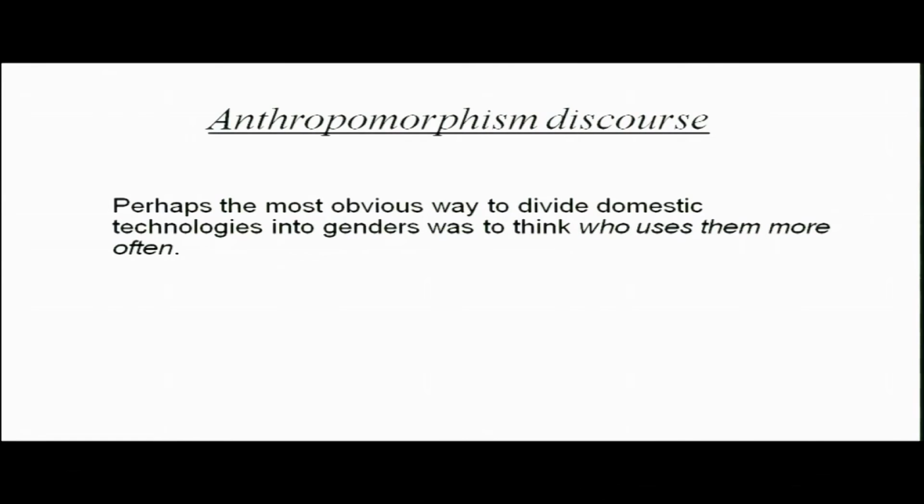And finally, the anthropomorphism discourse, which is the most obvious way to divide domestic technologies into genders, by thinking about who uses them more often. So the usage patterns, and who is using it more often, is the anthropomorphism discourse, saying that if, for example, a particular category of people, say males or females, and by saying that I am by no means homogenizing either of these two categories, uses them more often, then going by that is going to confer on the device or technology a gender script.